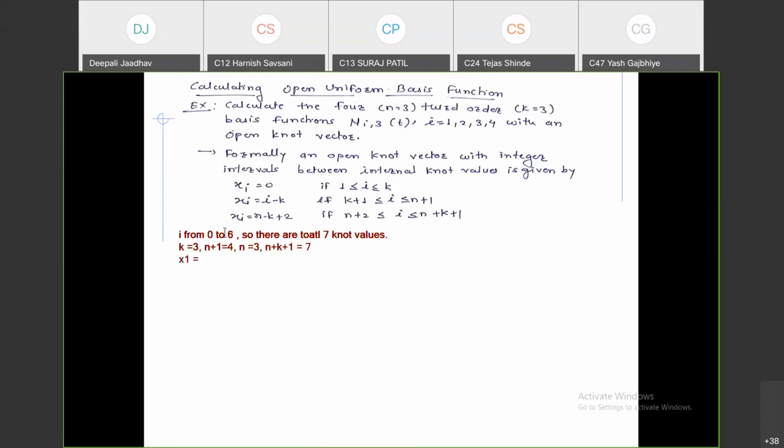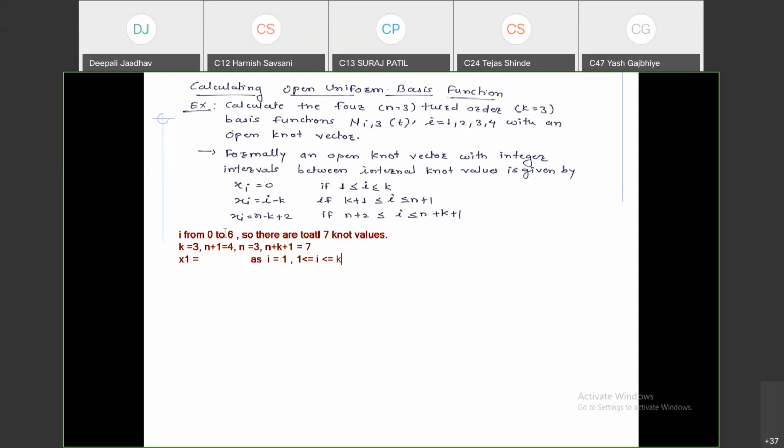Now what is the value of i? i is 1, which is greater than or equal to 1 and less than or equal to k. k means 3.